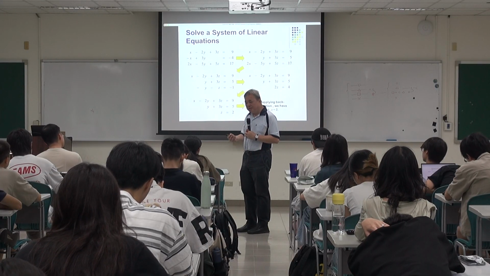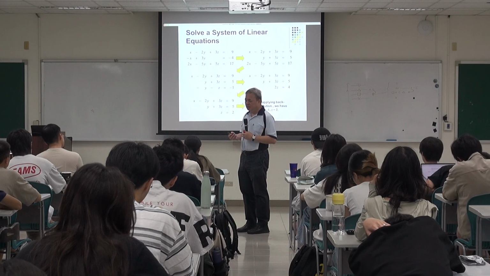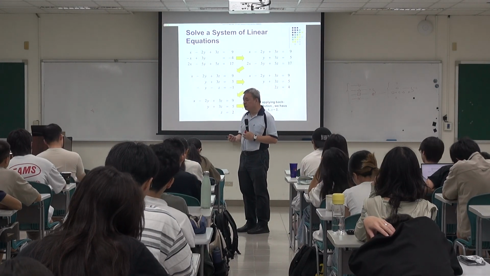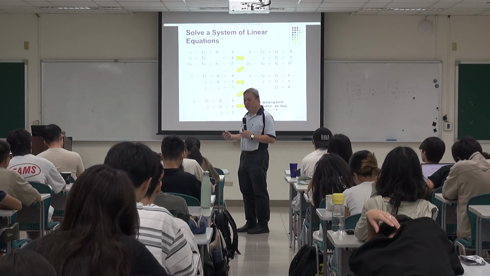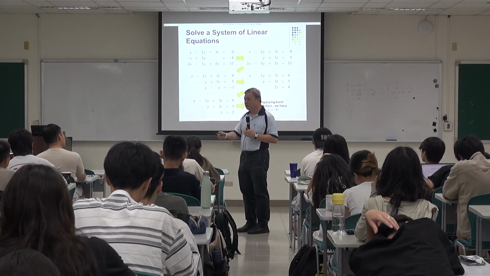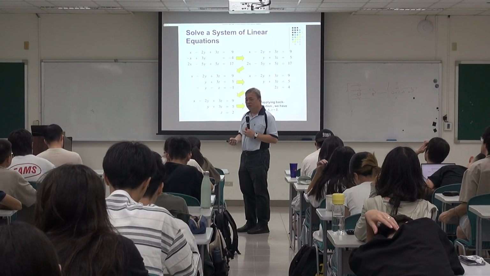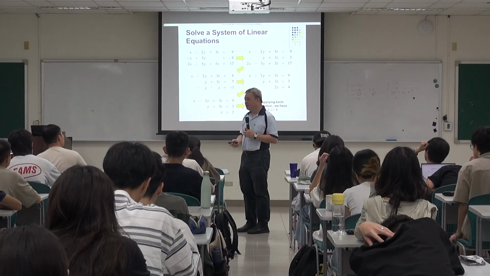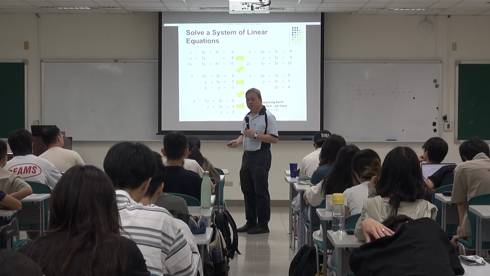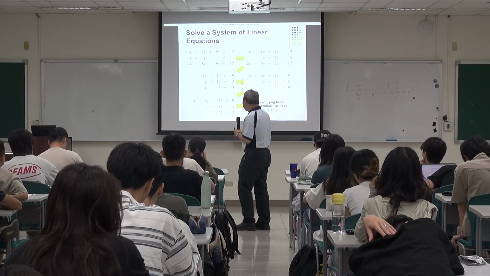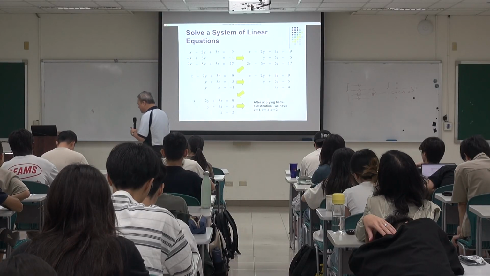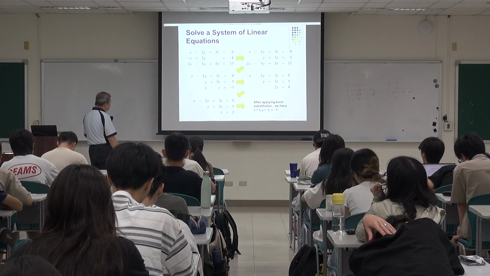So you should have learned this in either junior high or high school. I mean, otherwise, how did you solve systems of linear equations at your young age, right? But at that time, they may not have told you the terminology.